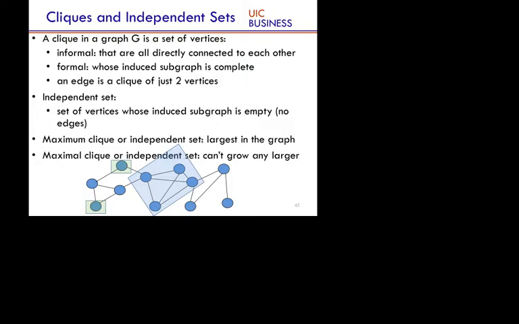So let's say I have a graph like this. This is not a clique, right? I don't have the full additional edges there. So let's say I picked this node and this node.